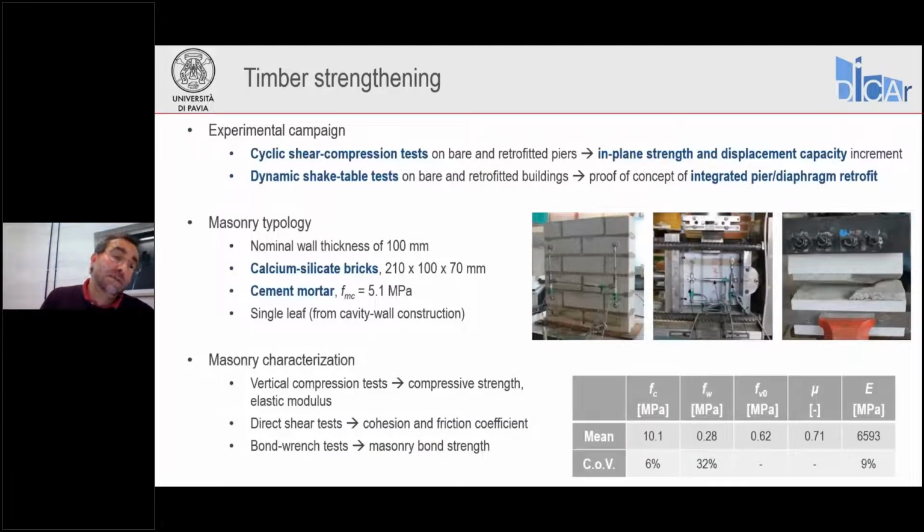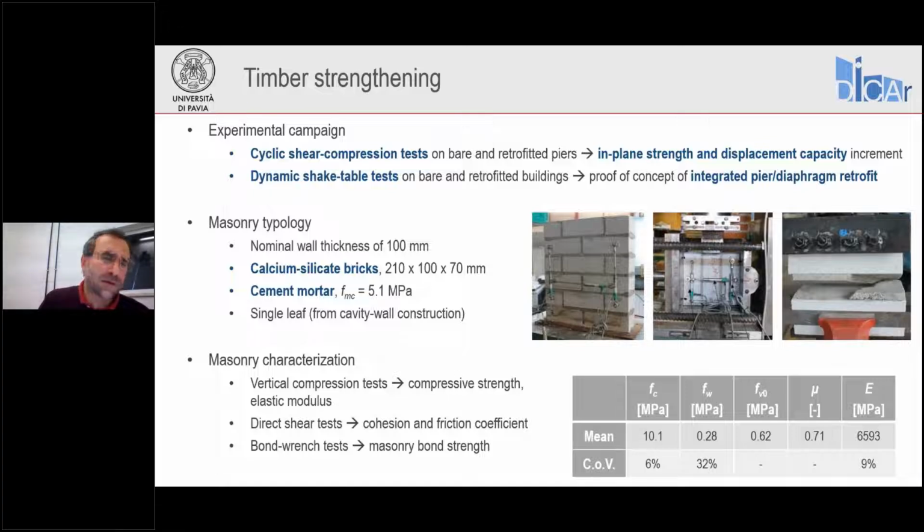In this case, the experimental campaign included cyclic shear compression tests on one bare and one retrofitted pier, and two dynamic shake table tests, one on a bare masonry building, the other one on the same building with the same geometry and same characteristics, but strengthened. In this case, the masonry was a calcium silicate brick masonry with a cement mortar.